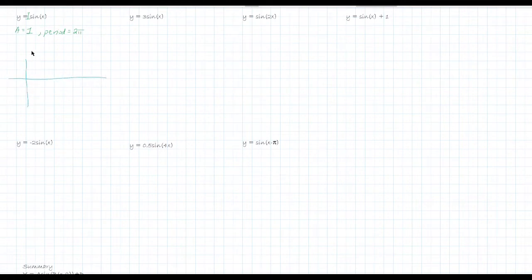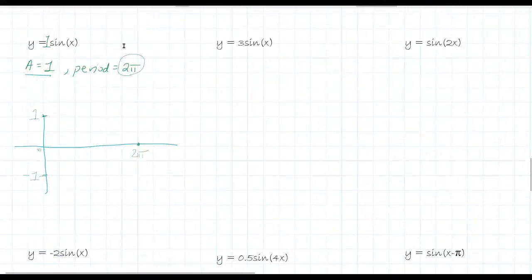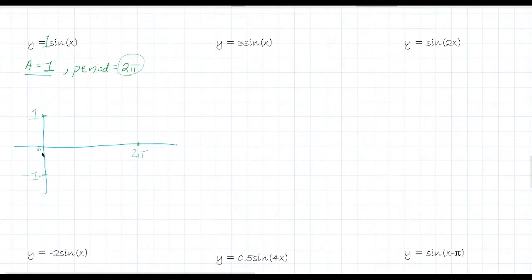The amplitude being 1 tells us that we're going to have a height of 1 and -1. And the period being 2 pi tells us that from 0 to 2 pi is how long one cycle will be.